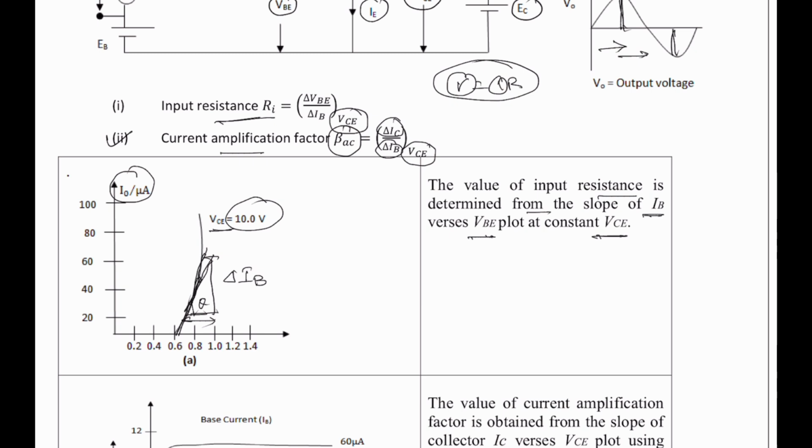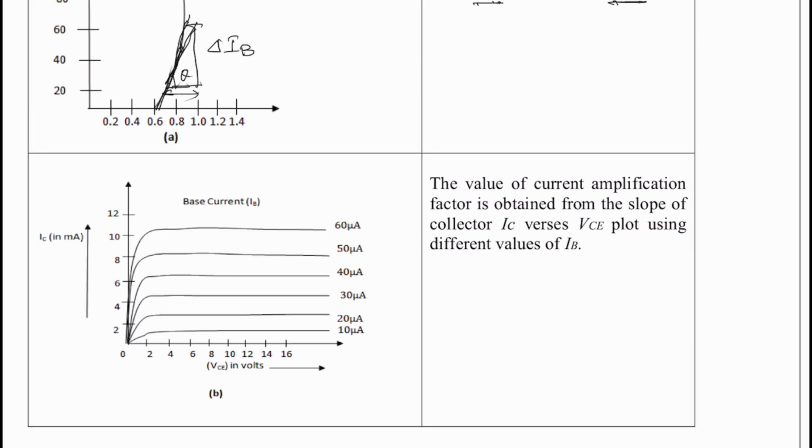Now the value of current amplification factor is obtained from the slope of the collector current versus the collector emitter voltage plot using different values of IB. For a particular base current, this is the collector emitter voltage and this is the collector current, correct? If we go on increasing the collector emitter voltage, the collector current increases up to a certain point, but then it becomes constant.